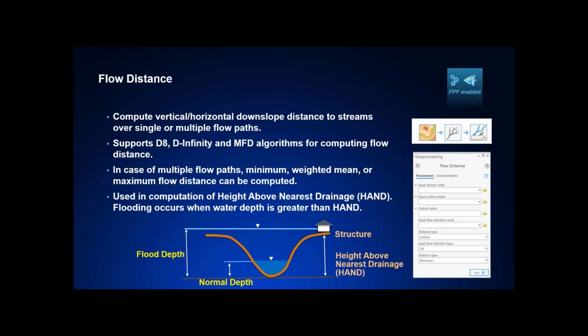HAND measures the difference in elevation between a point in the landscape and the stream bottom that floods that point. Combined with flood depth at the stream, HAND raster can be used to quickly determine if a structure will flood or not. This comes in handy in flood inundation mapping and is the foundation for the analysis presented later in this webinar.